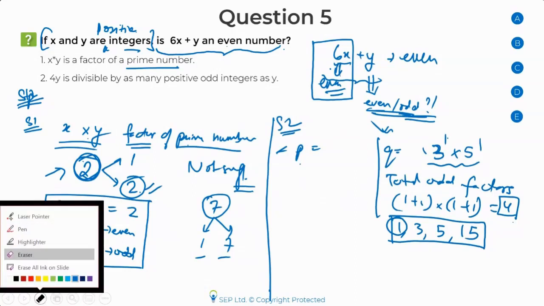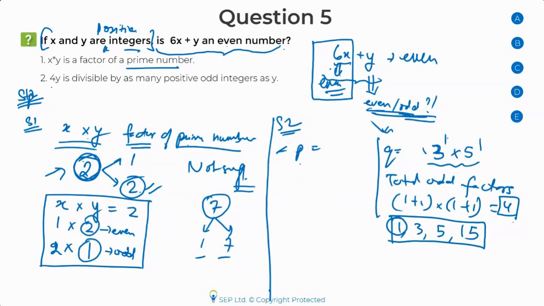Now see, the second statement is the same. They're talking about 4y, 4 times something, and they're talking about y. Okay, I don't know what y is. But what they're basically saying is that the number of odd integers that divides y, the word is divisible, so I'm talking about factors, the number of odd factors that divide y and that divide 4y is the same.